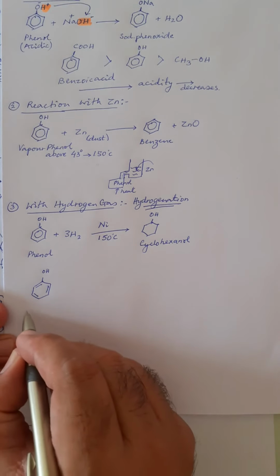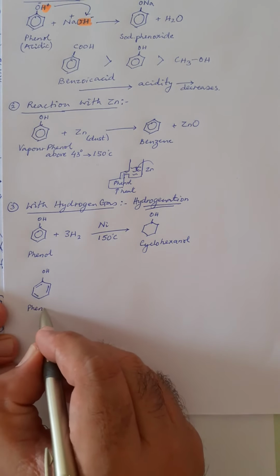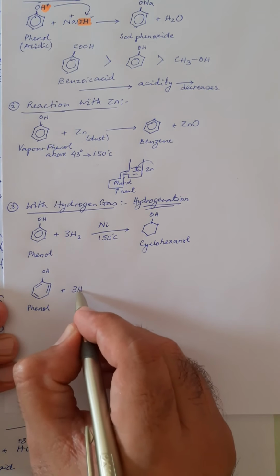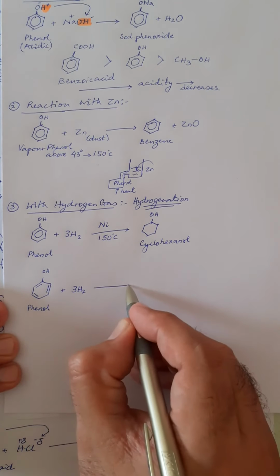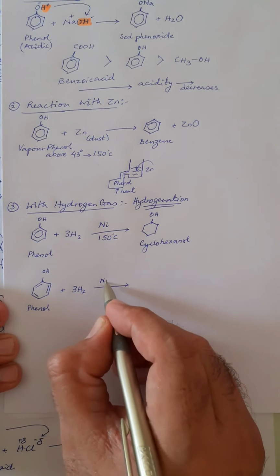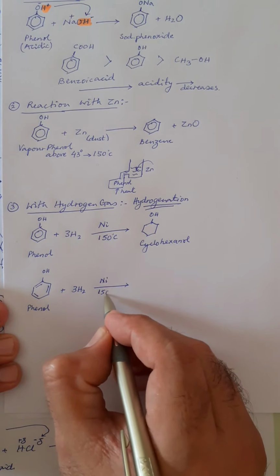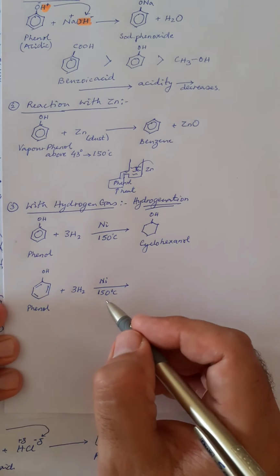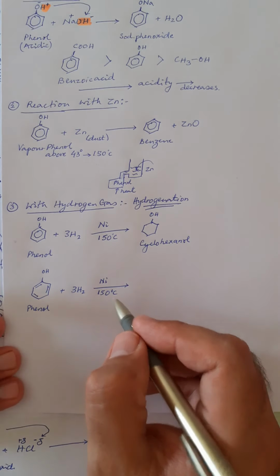This phenol has to be in a vapor form or liquid form. Hydrogen gas will be pumped through, and the nickel catalyst will help hydrogen gas H2 molecular to convert into atomic form, because hydrogen absorbs on the nickel surface pretty well.